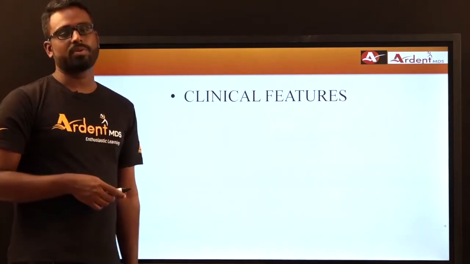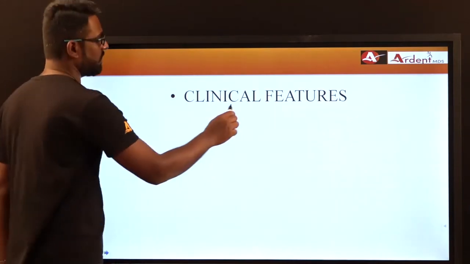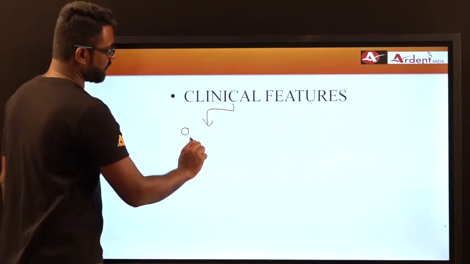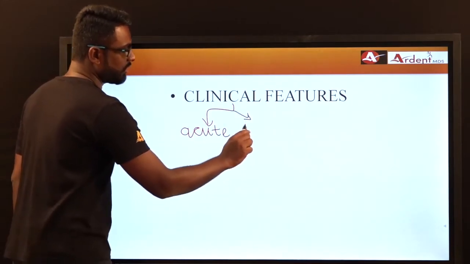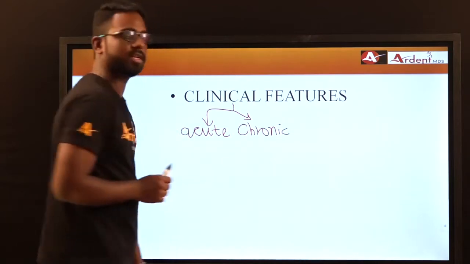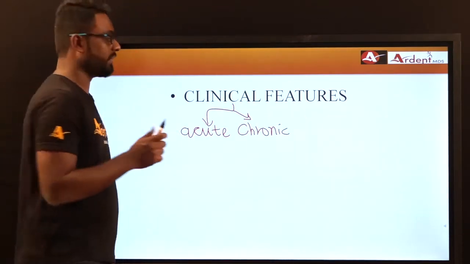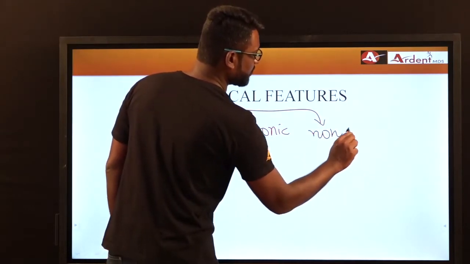We will come to the clinical features. Clinically, how is osteomyelitis seen? It can be seen as an acute condition, as a chronic condition, and sometimes as an exacerbation or as a non-suppurative condition.